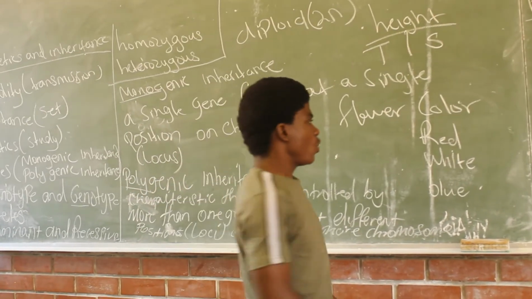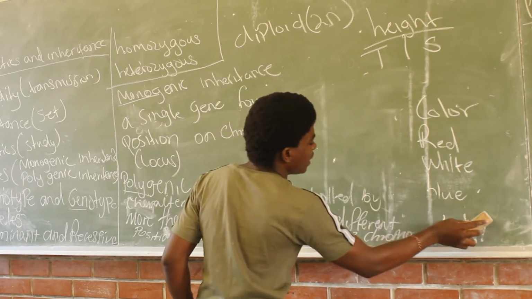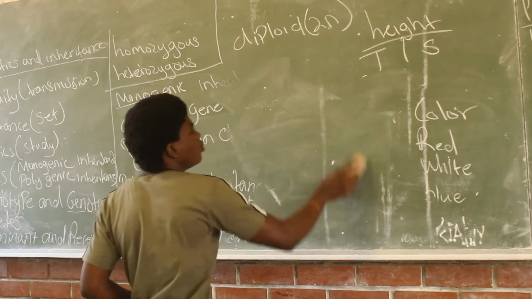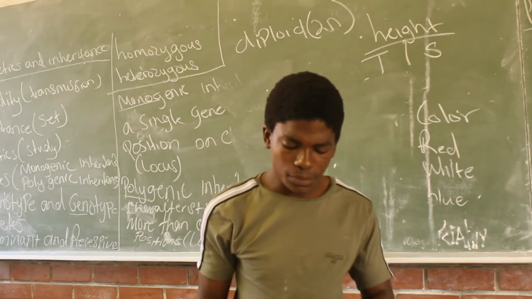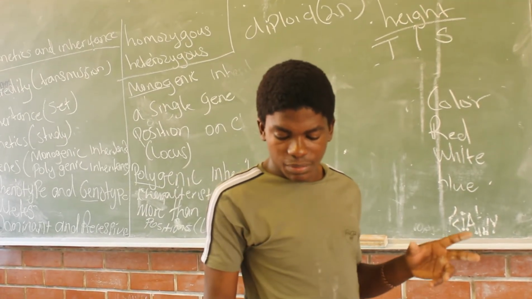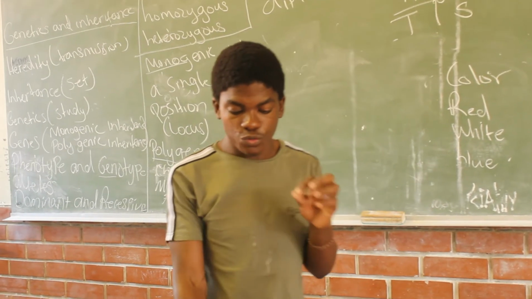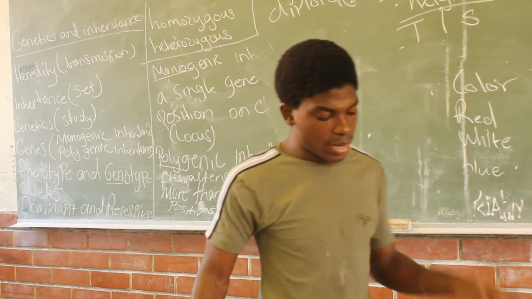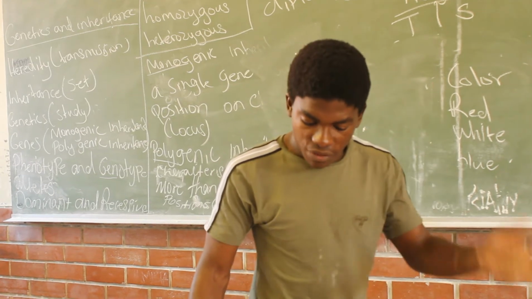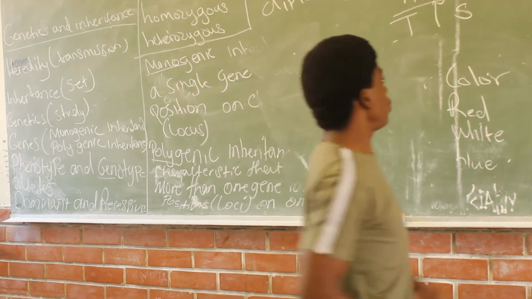I'm sure you are wondering what color and height have to do with alleles. Flower color, for example, may be controlled by a single gene. The length of DNA making up the gene may code for red or white flower color. And we therefore say there are alternative forms of the same gene.